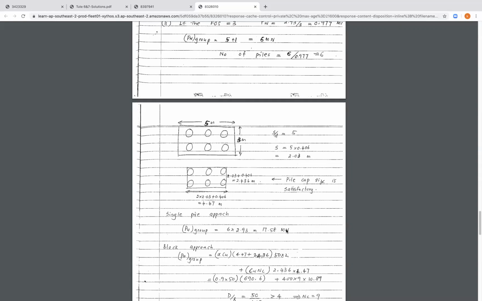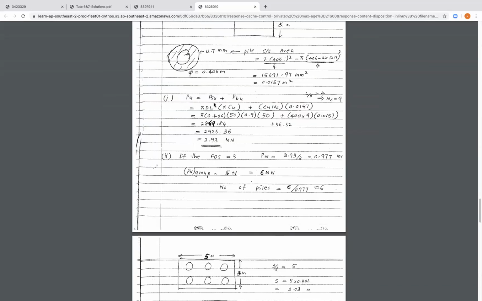Now we need to check the block approach, assuming that the piles will fail as a block, not independently. To do so, we apply the same formula as this formula here, but we need to change the shaft area, because the shaft area here is for a single pile.